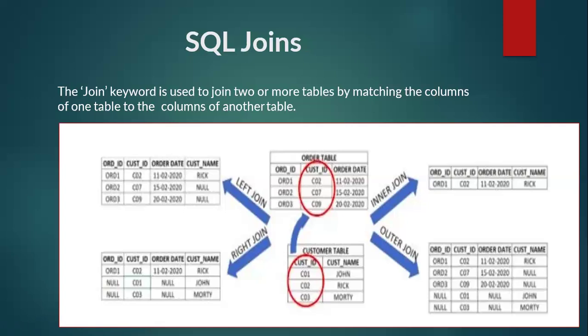So it will return all the corresponding records for C02 cust ID in the resultant table created by inner join. You can see there is just a single cust ID C02 and all the corresponding records are there in this table: order 1, date and the name Rick. Is it clear how inner join will work?